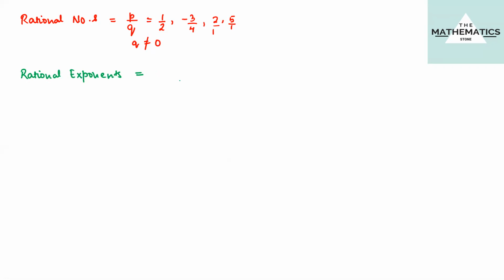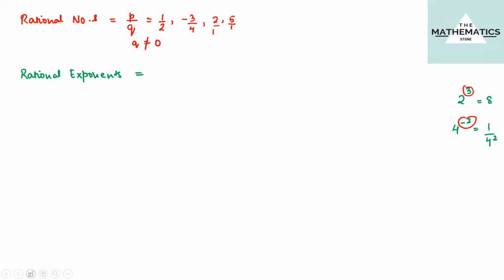And in grade 8, you did normal exponents, where your exponents were just in the form of integers, like 2 raised to 3, which is 8. And let's say you also did 4 raised to negative 2, which is equal to 1 over 4 raised to 2. So this exponent 3 and this negative 2, this is integer. This is not in the form of fraction, right? These exponents are not in the form of fractions.